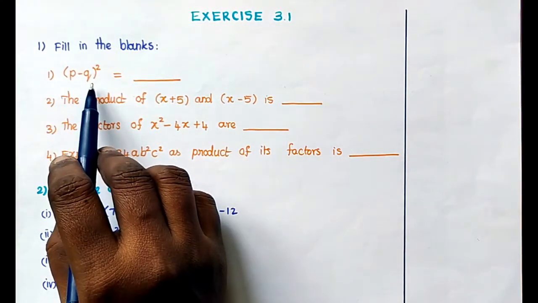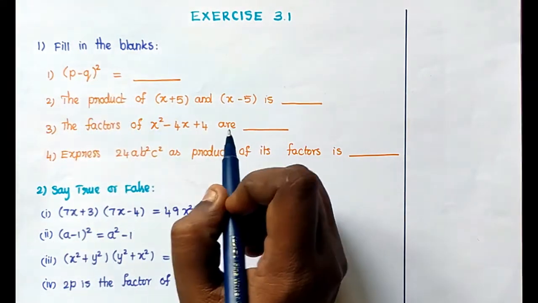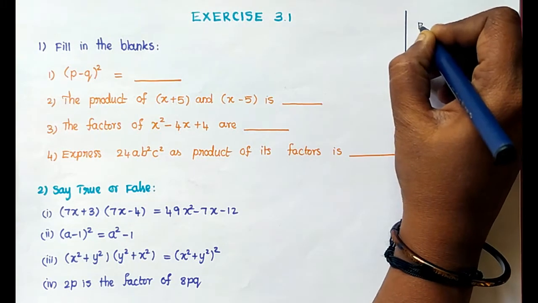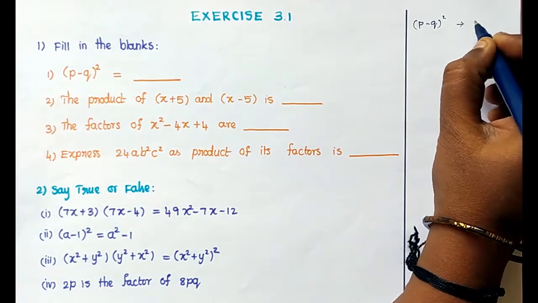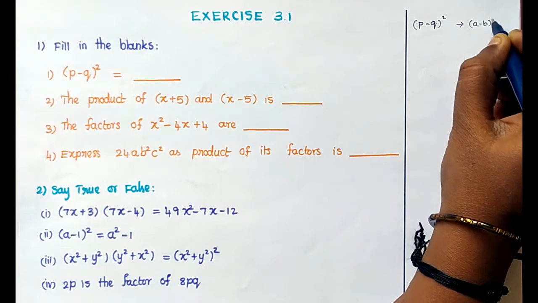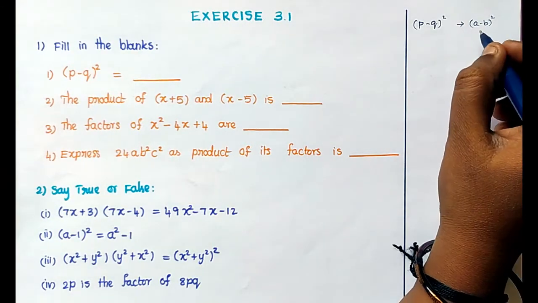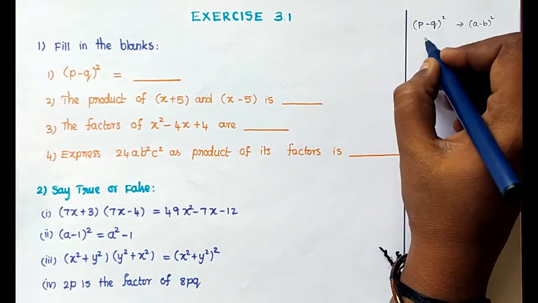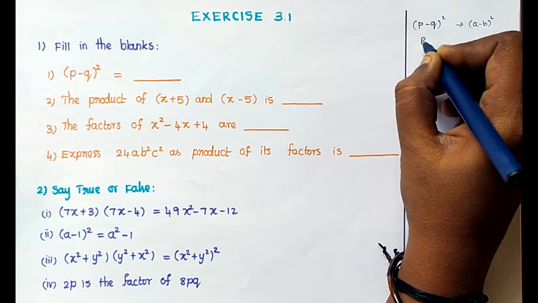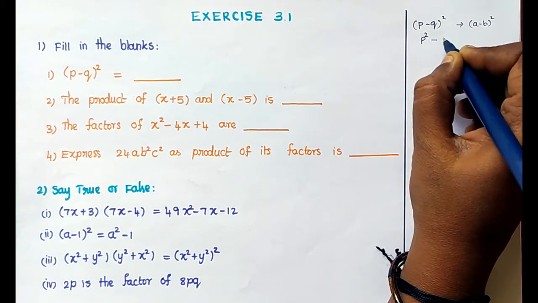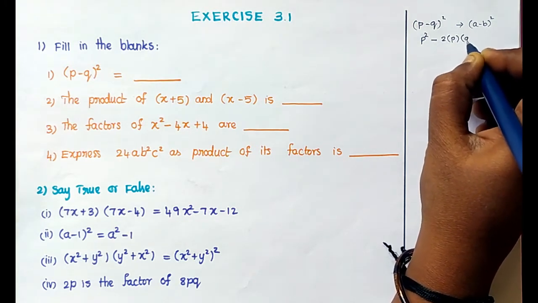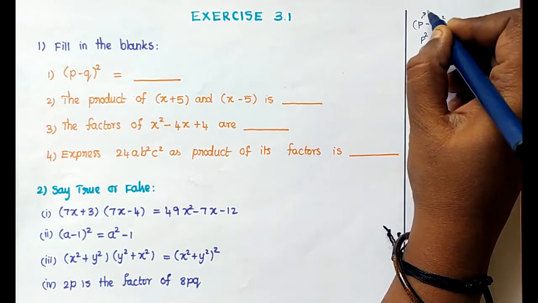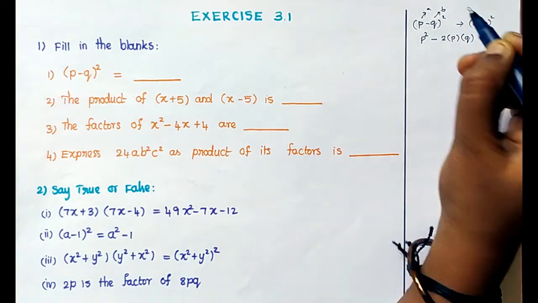(p minus q) whole square is equal to blank. This is in the format (a minus b) whole square. What is the formula from the identities? a squared minus 2ab plus b squared, that is p squared minus 2 into p into q. Here p is a and q is b.